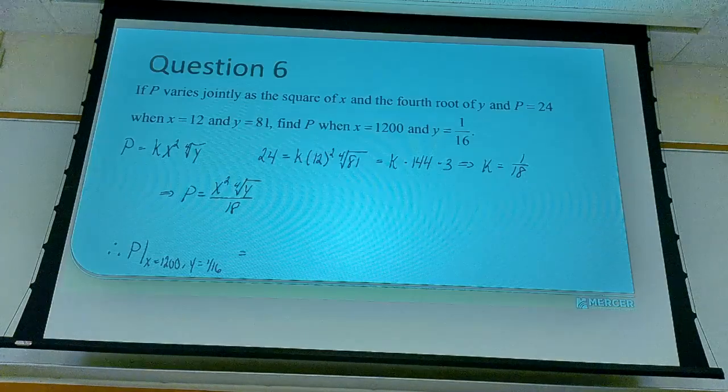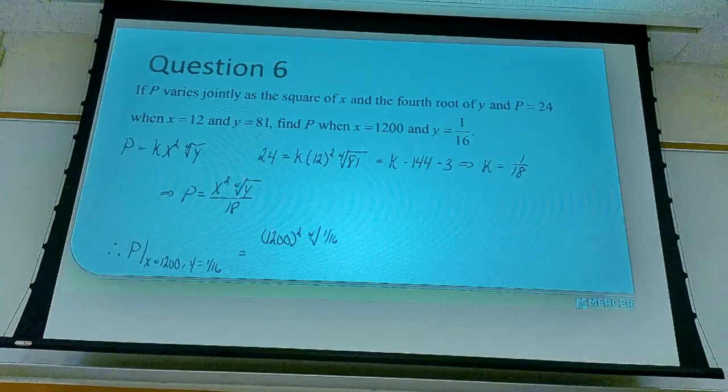So now P, when x is 1200 and y is 16. 1,200 squared, you don't need a calculator. 12 squared. 100 squared.